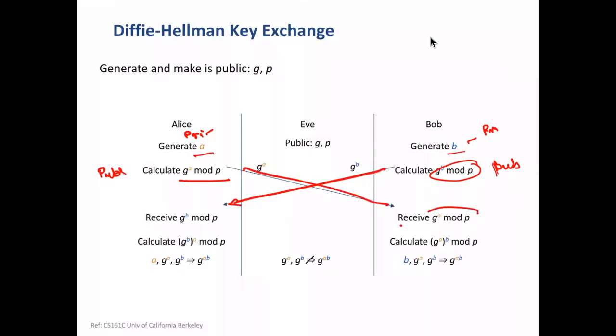Bob receives Alice's public key, and Alice receives Bob's public key. Alice knows her private key A, and she receives G raised power B, so B raised power A mod P, and finally she gets G raised power AB. Similarly Bob gets G raised power AB, while Eve, receiving G raised power A and G raised power B, cannot get G raised power AB.